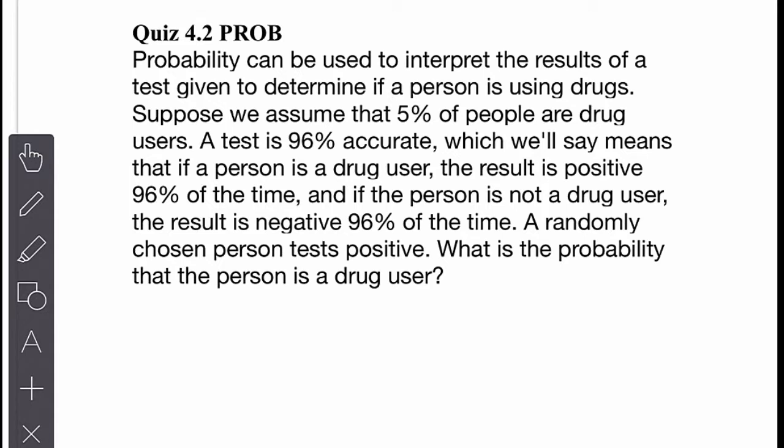And if a person is not a drug user, the result is negative 96% of the time. So it's a 96% accurate test. So it's both specific and sensitive. So in the positive, it gives you true positives 96% of the time.